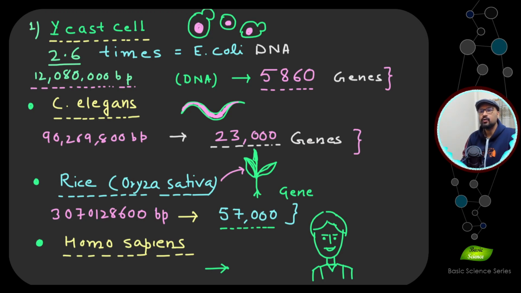Moving on to Homo sapiens, moving on to us. It is going to be a big number, 3070128 base pair. How many genes? Genes, actually, you all have to remember.